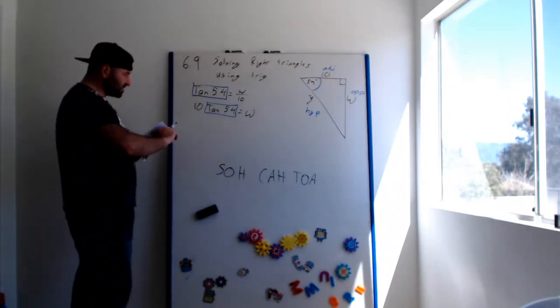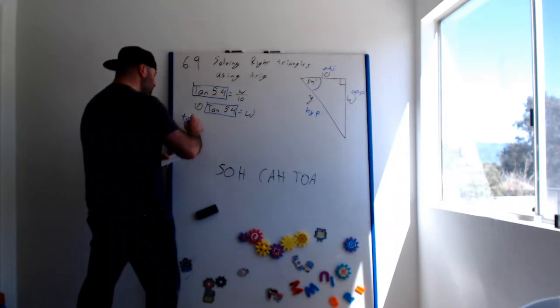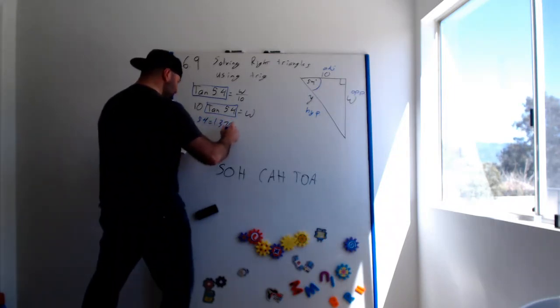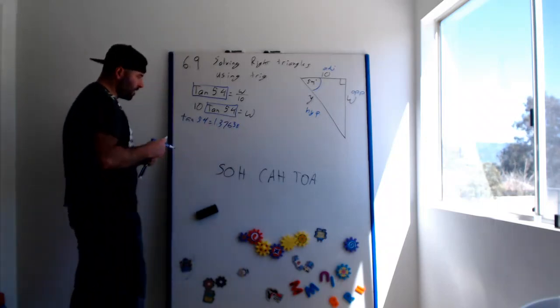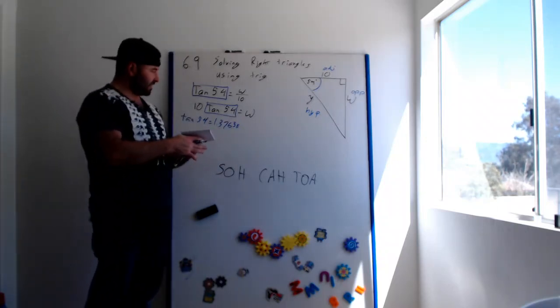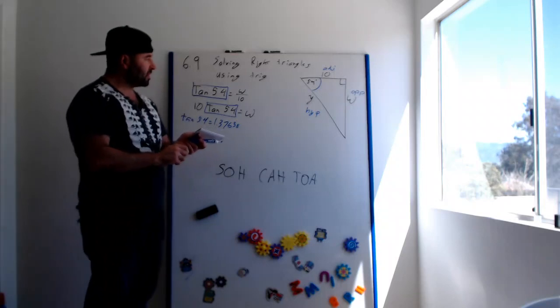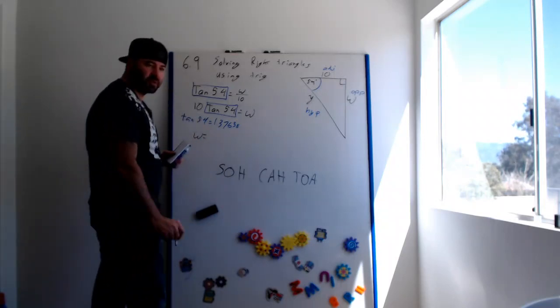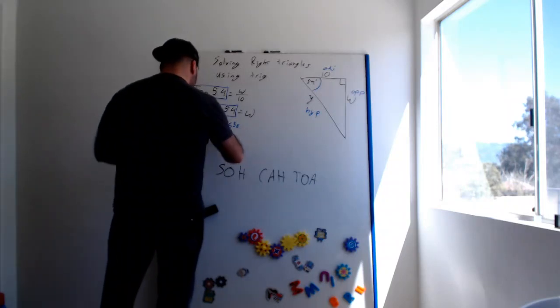But the tangent of 54, you should have gotten 1.37638. Okay? And then when you go ahead and you multiply that out, you end up with W is equal to 13.8.